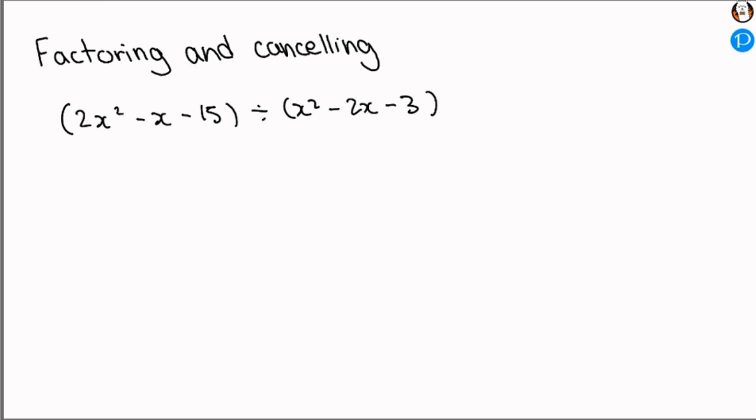2x to the power of 2 minus x minus 15 divided by x to the power of 2 minus 2x minus 3. So first we can factor both polynomials, I'm going to use the product and sum method. So the product here is going to have to be -30, the sum -1. I'm just going to move everything down.